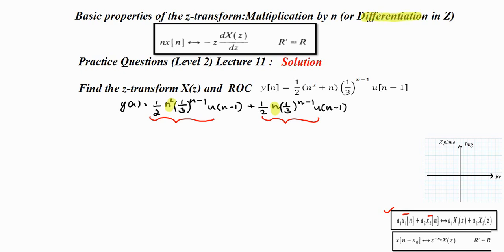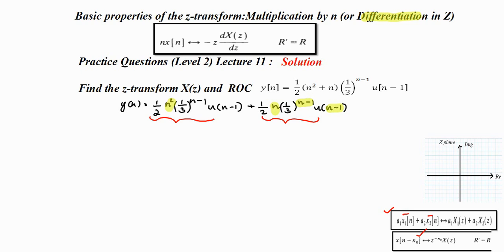Now we can see that there is u of n minus 1 and n minus 1, which is actually indicating the time shifting property. So we need to use the time shifting property, linearity property, and the differentiation property.